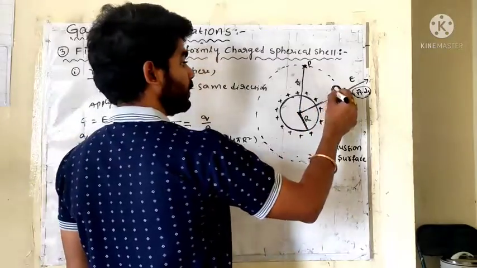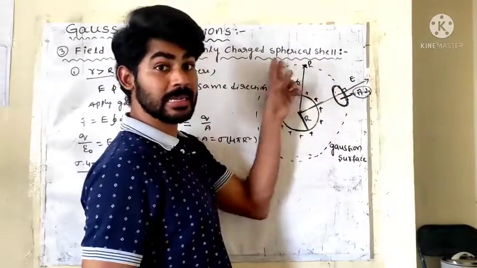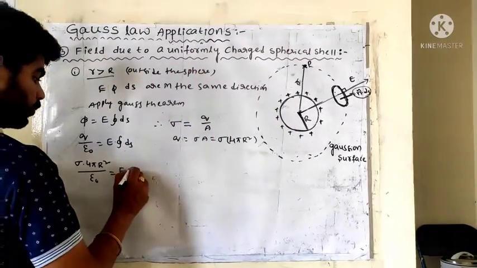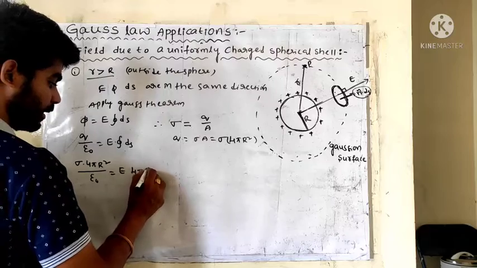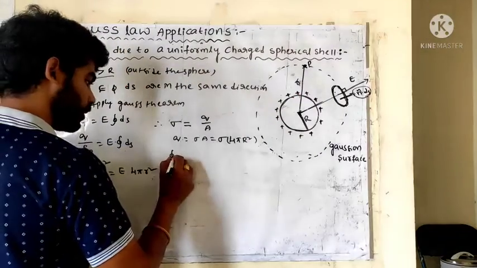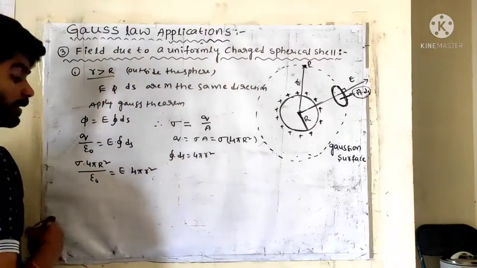This is the Gaussian imaginary surface, and its area is 4 pi r square because its radius is small r. So integral ds is equal to 4 pi r square.